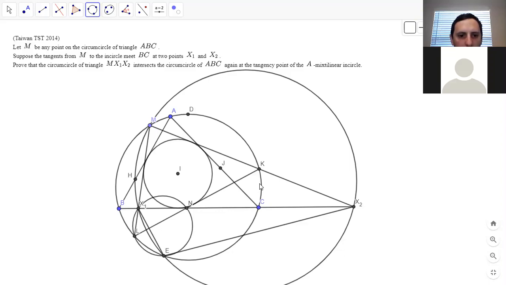Interesting. And then also X2 N X2 N KE would also be cyclic by the same argument.